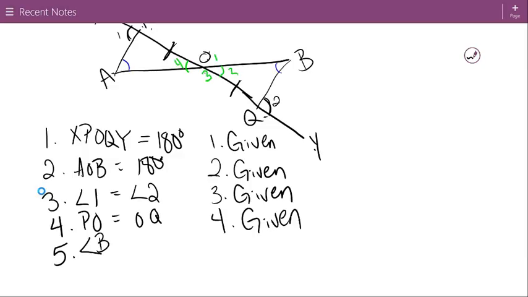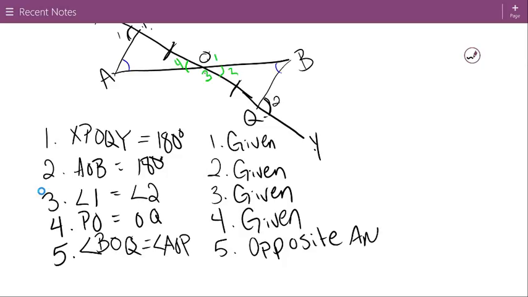Angle BOQ is equal to angle AOP because they are opposite angles, not vertical angles. The definition of opposite angles tells us that those are equivalent.